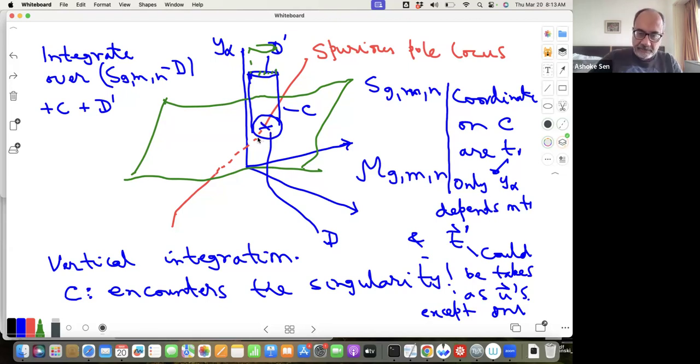Otherwise, you are right that if you didn't have this singular integral, if there's no spurious pole, then it's clear that whether you integrate over the SGMN or this part, SGMN minus D plus C plus D prime, you'll get the same answer. Yeah, sure. So it's the question of when there is a singularity, then this is the only way to get the answer. Yeah, okay.